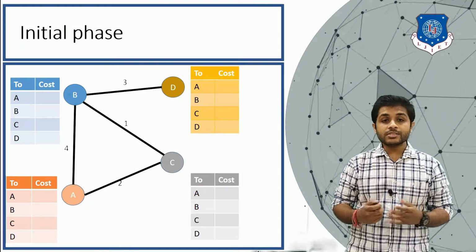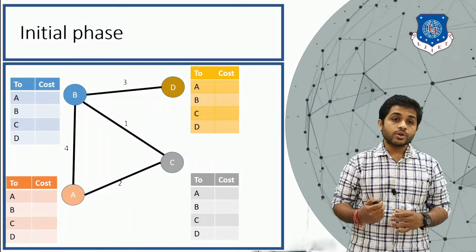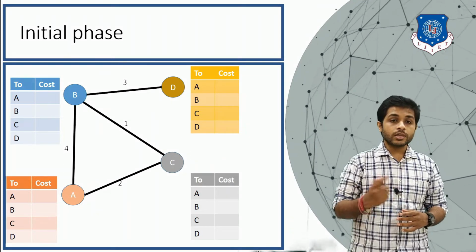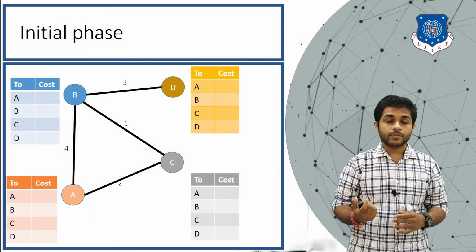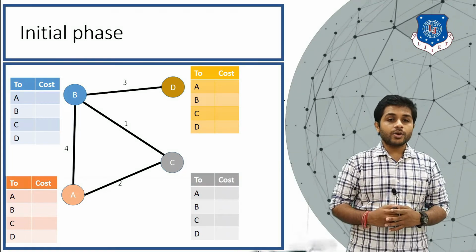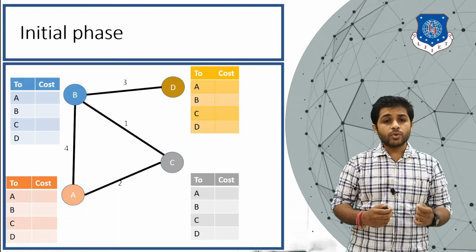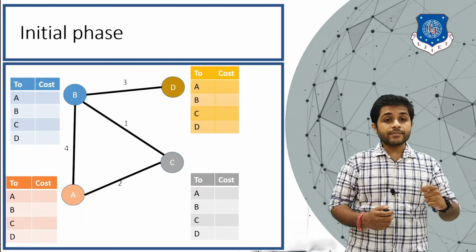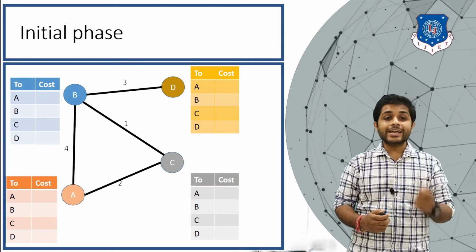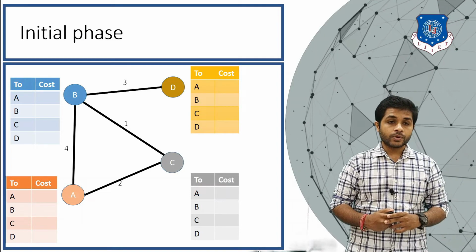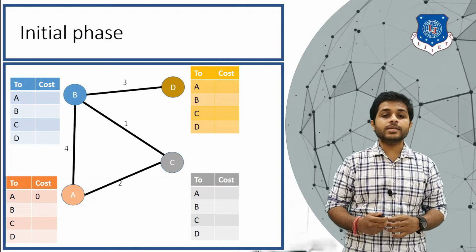The entries in router C's table indicate the distance from router C to all the other routers. Initially there are no entries in the table. In the starting phase, a router only knows the distance to its adjacent nodes. For example, for router A, the distance from itself is 0.